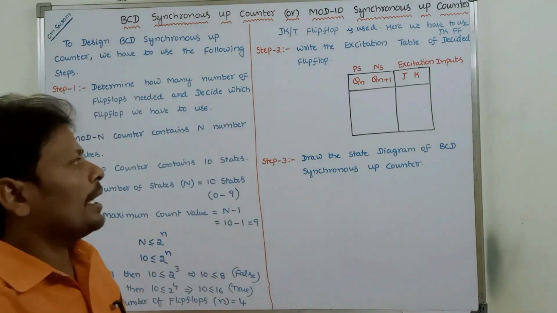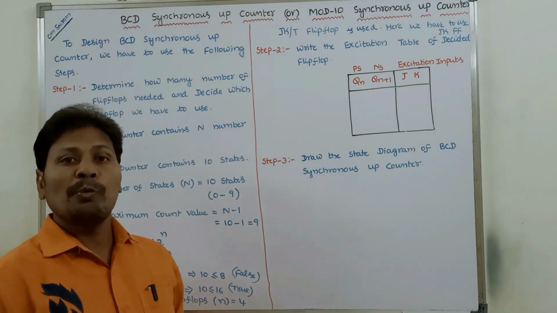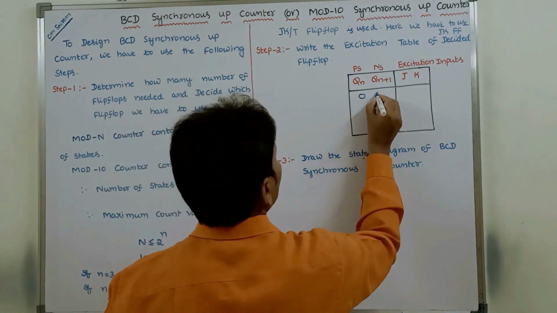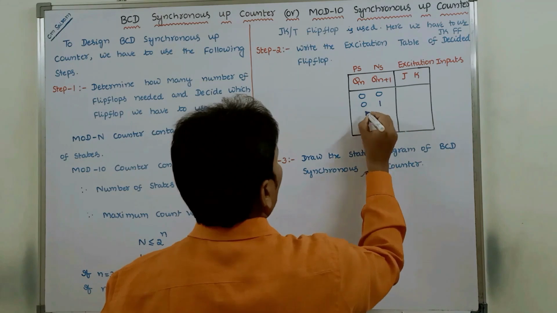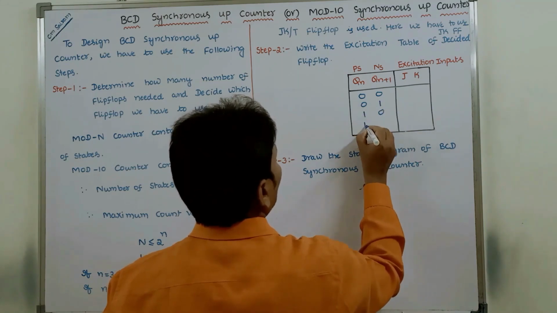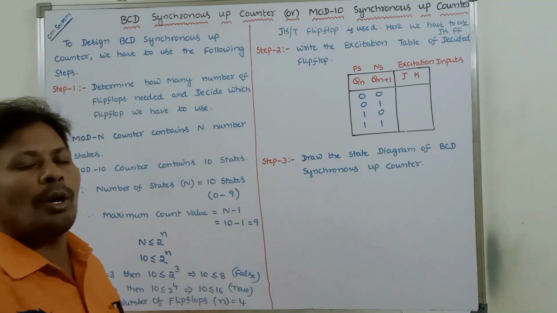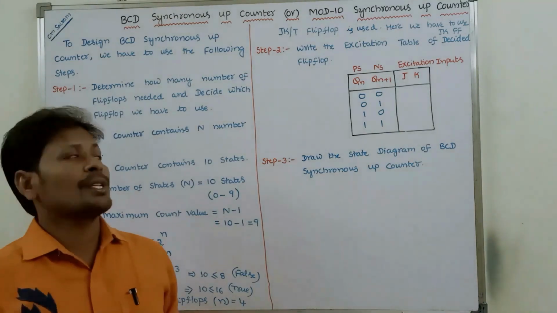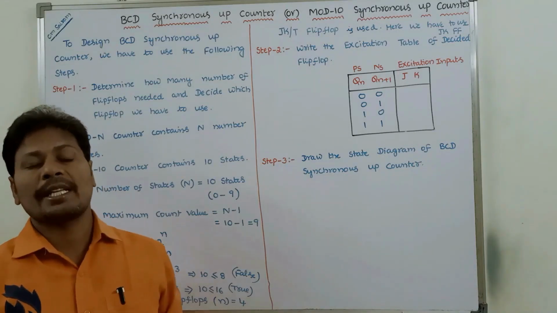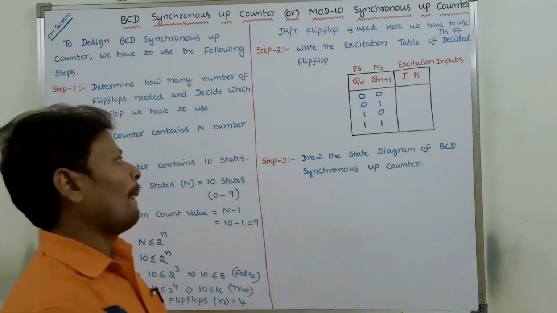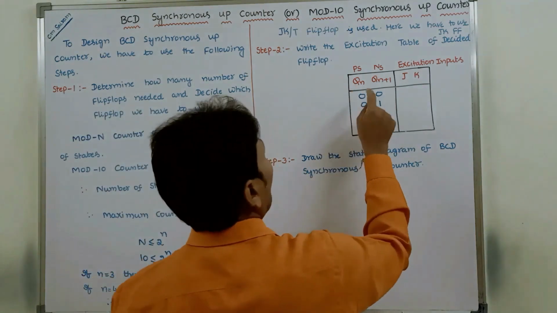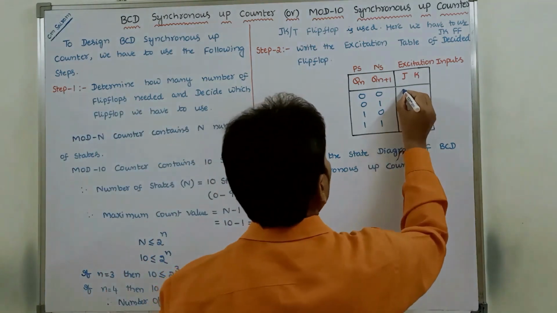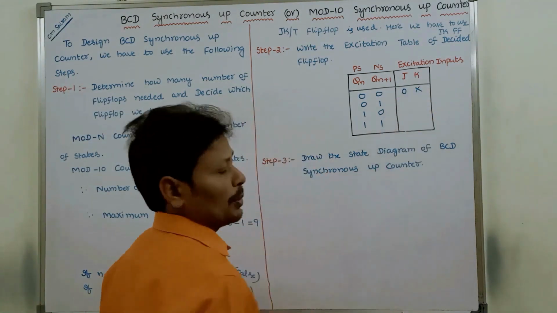Now, with the two inputs, how many possible combinations are we getting? 4 possible combinations: 0 0, 0 1, 1 0, 1 1. For each possible combination, we have to write the excitation input values. First combination: Qn value is 0, Qn plus 1 value is 0, J value is 0 and K value is don't care.